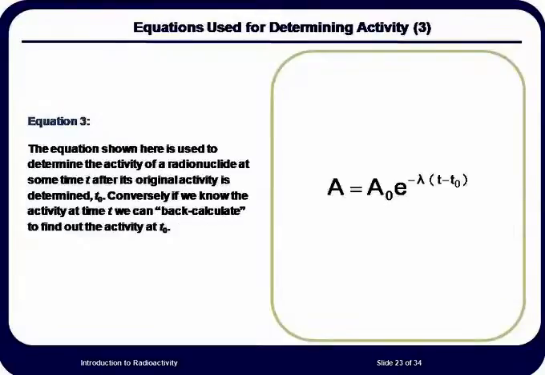This slide shows the second of four equations. Equation 2 is used when we determine the number of decay events from a progeny and correlate it to how much parent was originally present. This occurs in both radium-226 and radium-228 analysis.